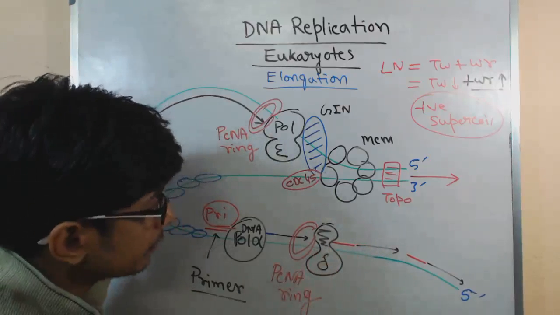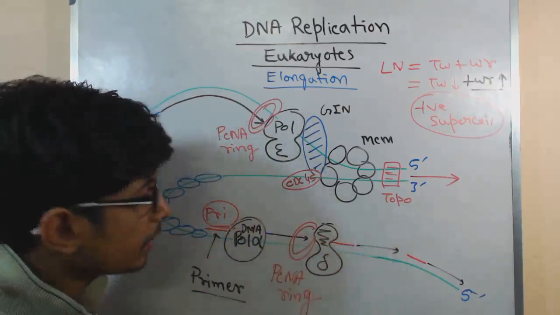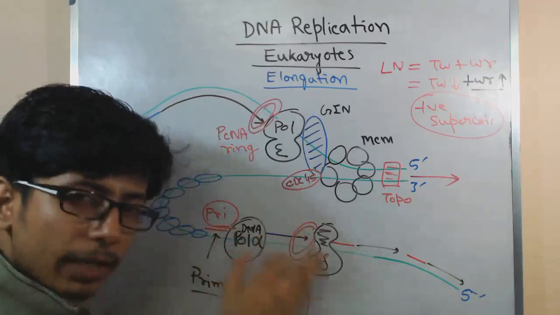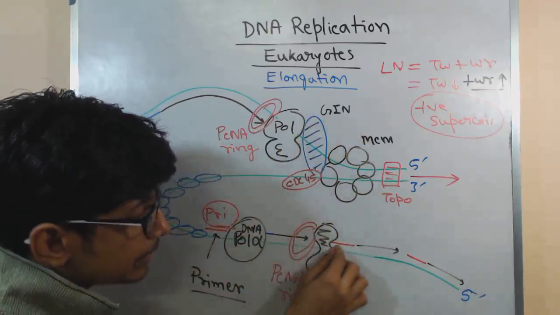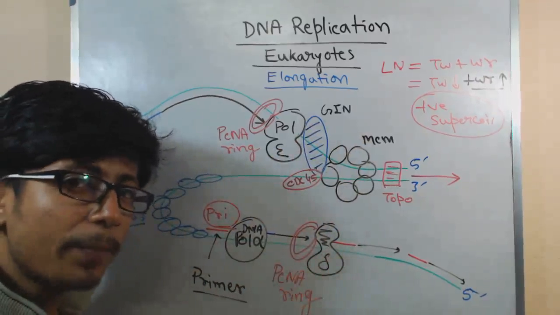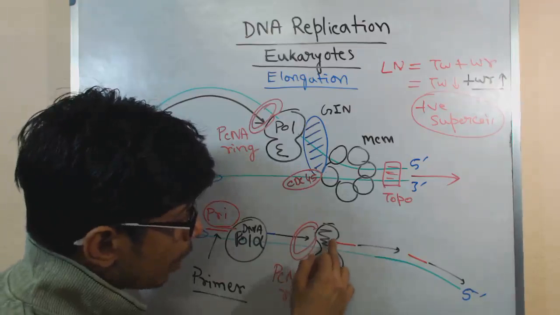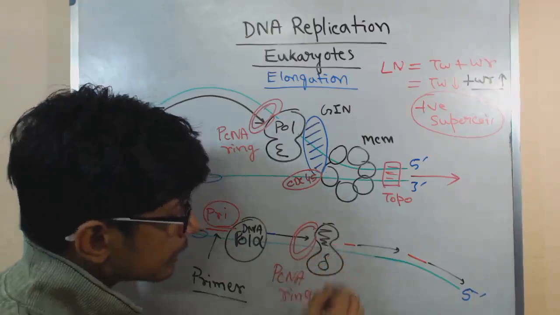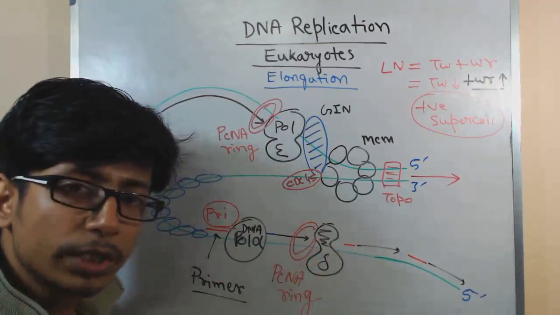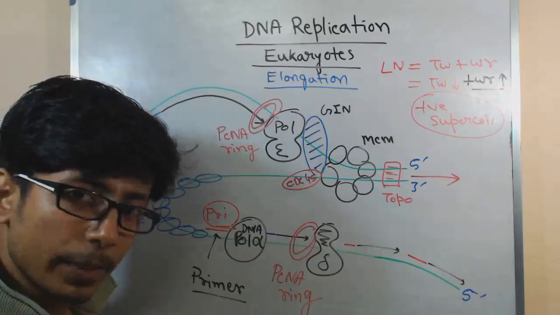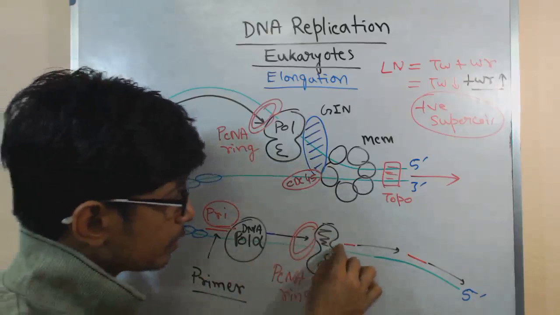So for that reason, the polymerase delta, once it is adding nucleotide sequences one after another with the help of the PCNA ring, whenever it is in contact with this RNA primer, it does not stop then and there. What it does, it starts cleaving 2 to 3 RNA nucleotides from the primer region.